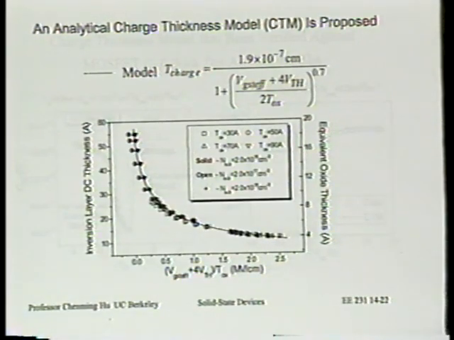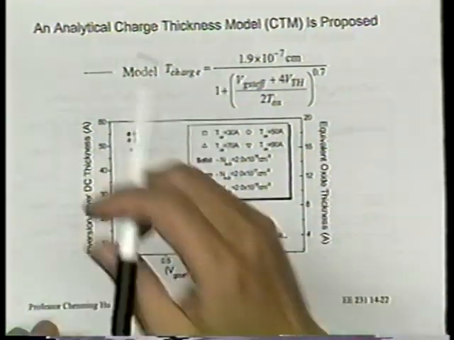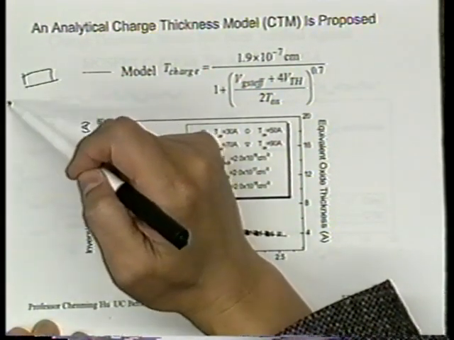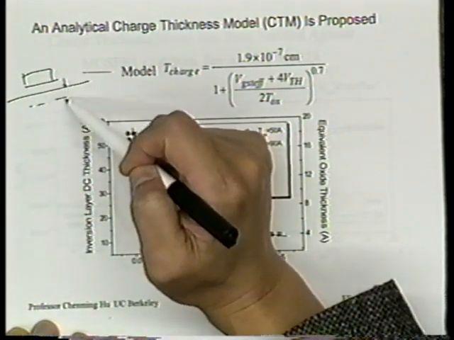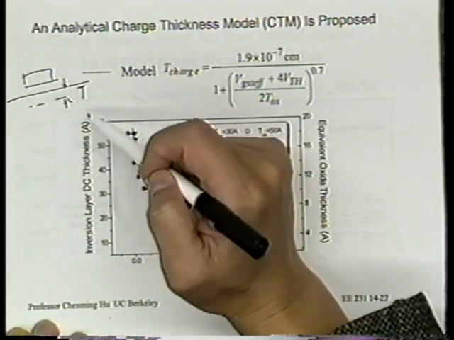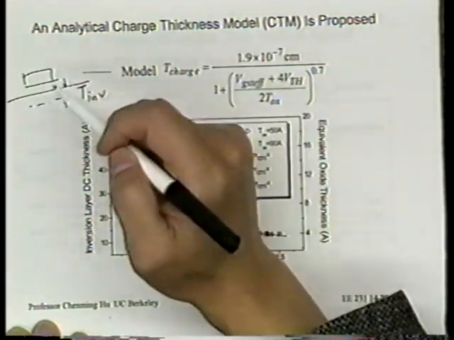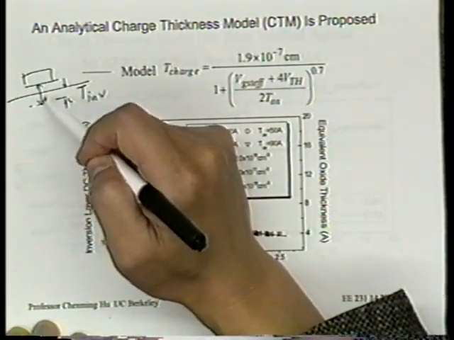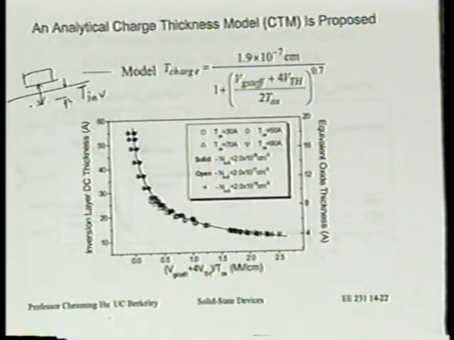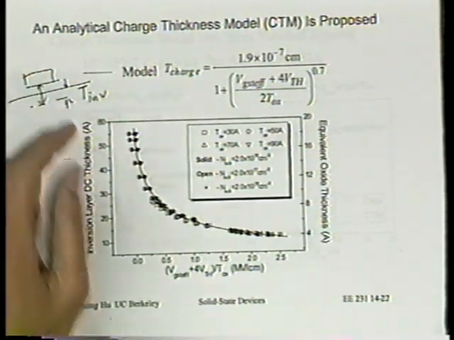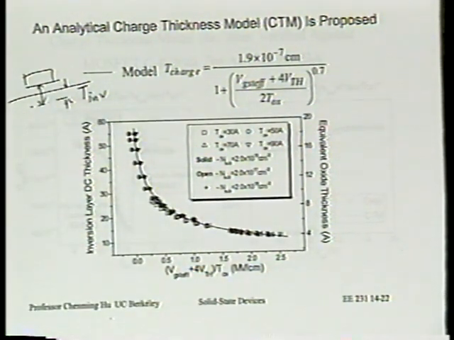But if we accept the fact that electrons are not right at the surface, but at some T inversion, or what we call the DC, below the interface, isn't it kind of makes sense that this is our effective oxide thickness? Is that right? Kind of makes sense, doesn't it? All the capacitance and maybe even current should depend on this, not the physical oxide thickness, right?